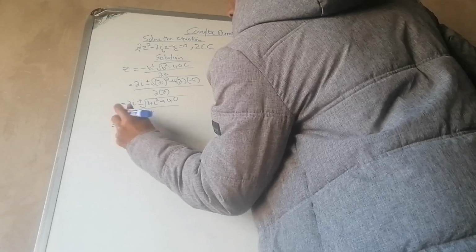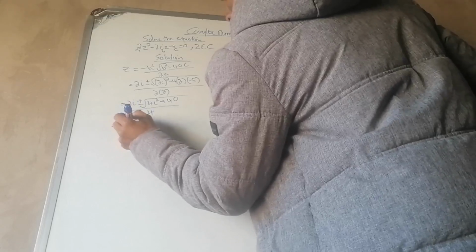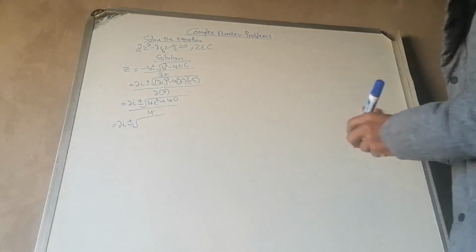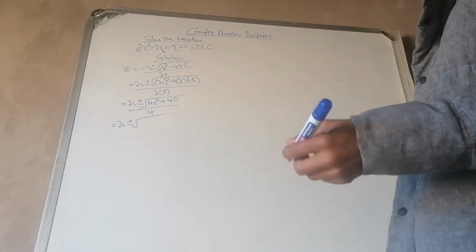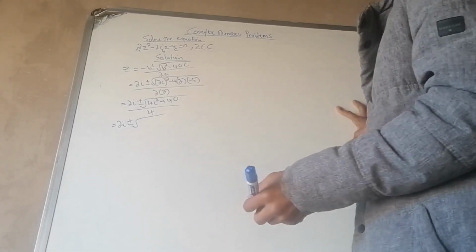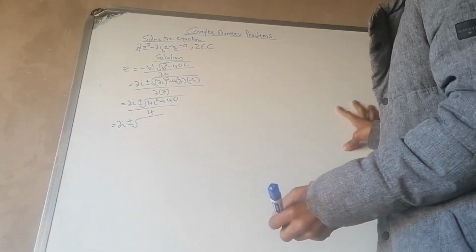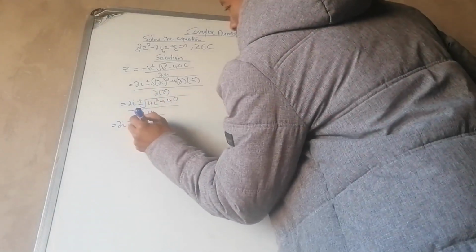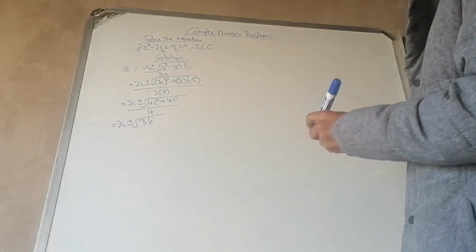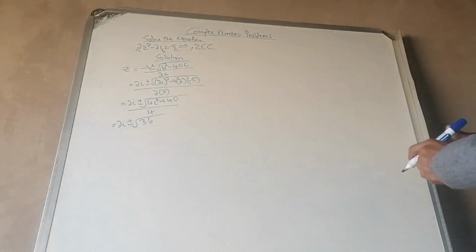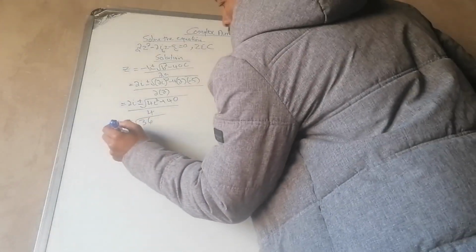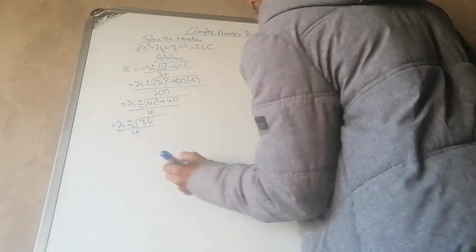And 2i plus or minus, I know that i squared will be replaced with negative 1. So you will have negative 4 plus 40. Negative 4 plus 40 is 36. Yes, because from 40, if I minus 4, I get 36. All of it divided by 4.